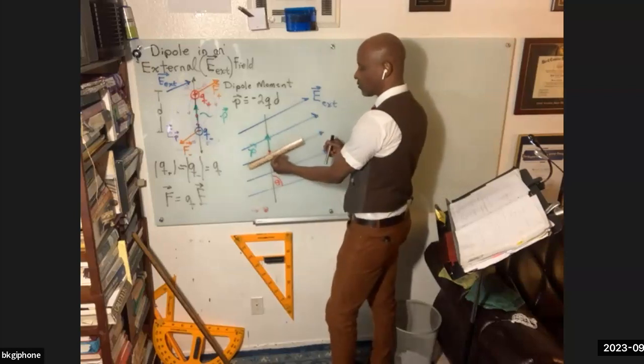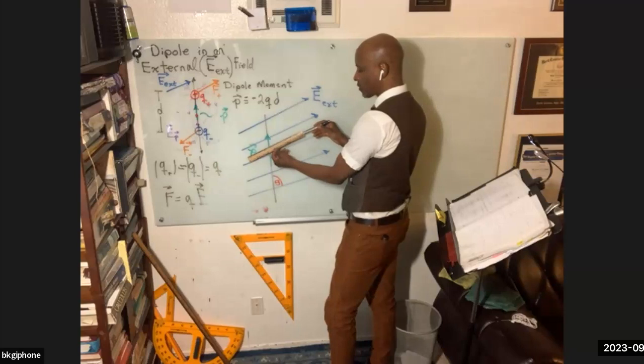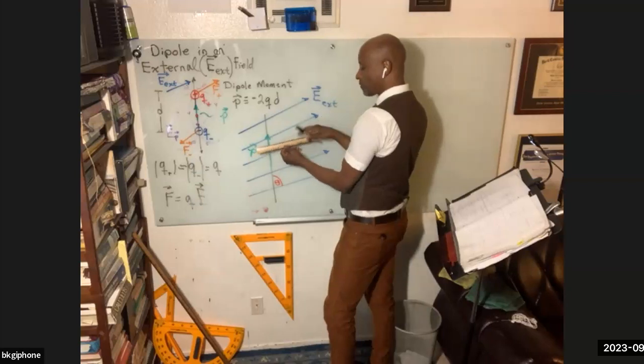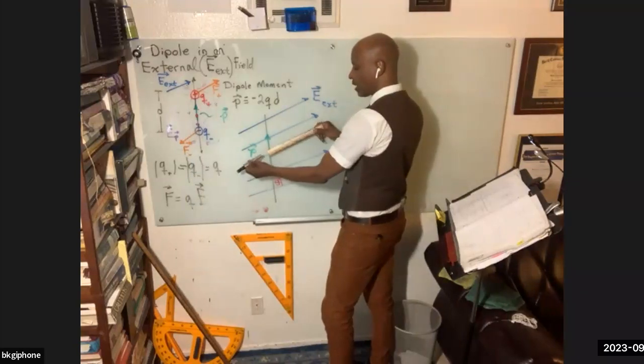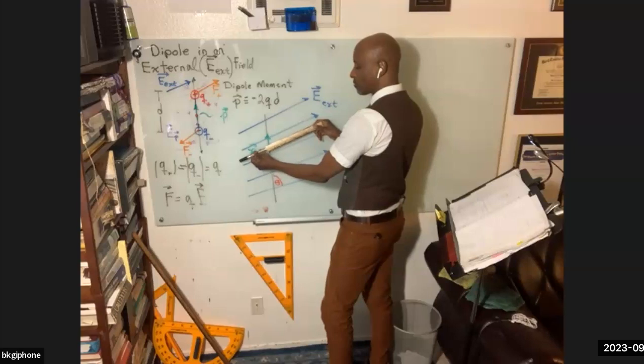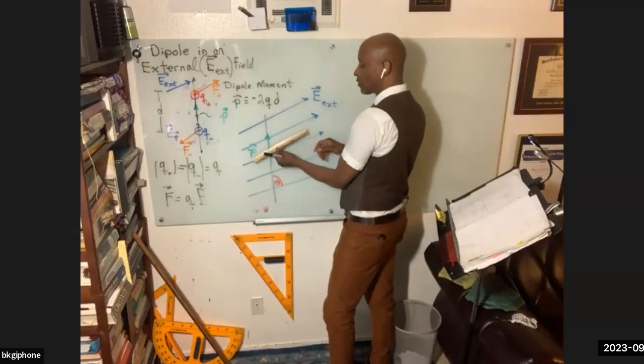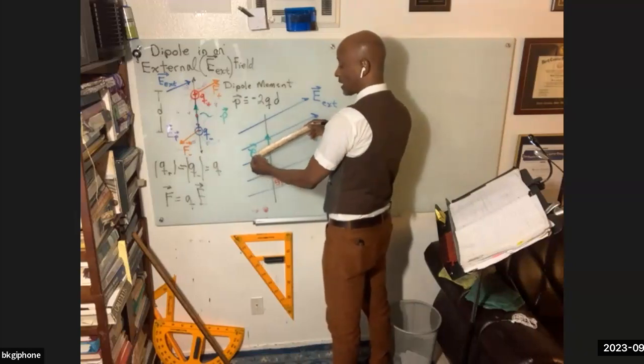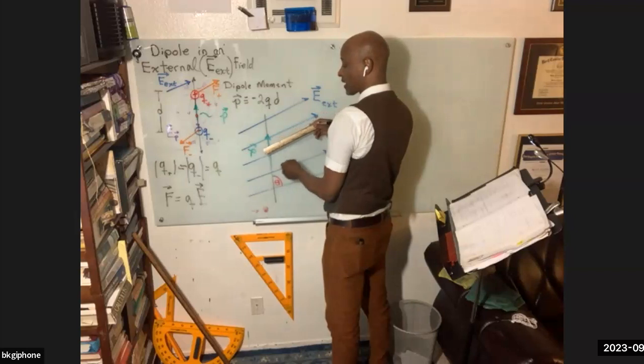If I started with the dipole in this position and I turn the field on, this force is pulling the positive charge along the axis of the dipole, and same here in the opposite direction on the negative charge. So not only is there no torque, but the net force would be zero as well on the whole thing, because the forces are equal and opposite, so they're pulling against one another, so they cancel.